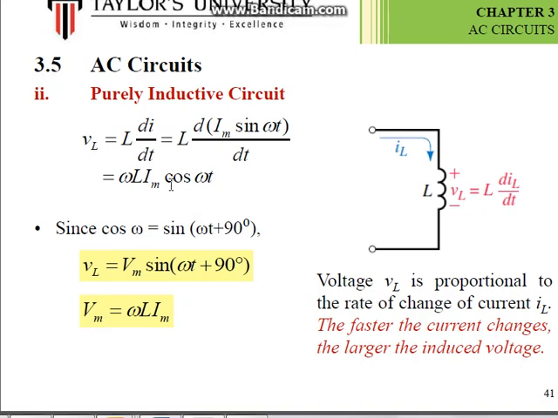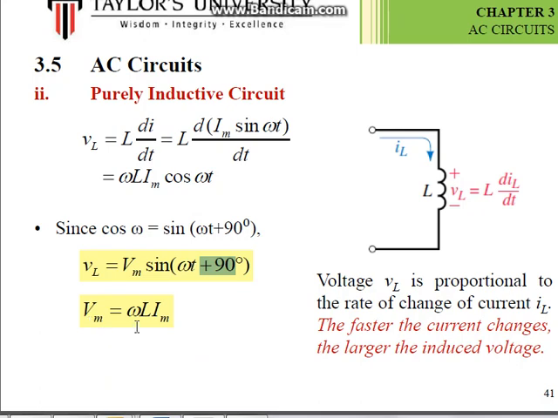Long story short, you know that cos is also equivalent to sine omega t plus 90, and therefore they come up with this as the simplest term, V sine omega t plus 90. Plus 90 here is true for all purely inductive circuits. Basically it means that if your circuit is all inductance, you always have plus 90 over here.